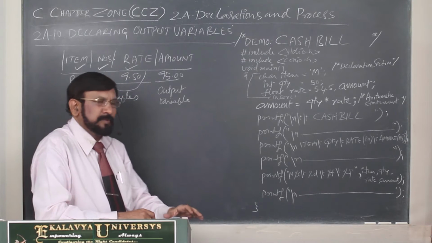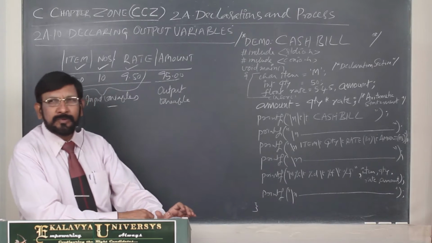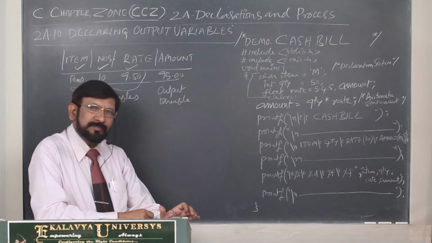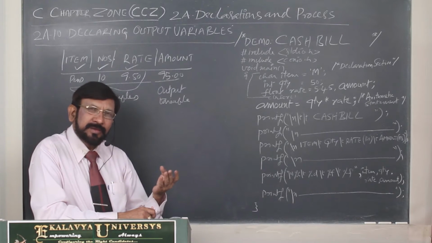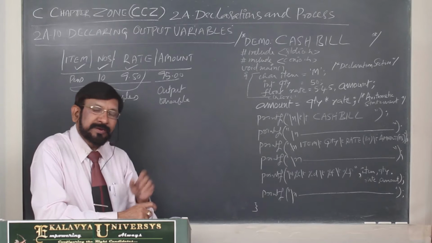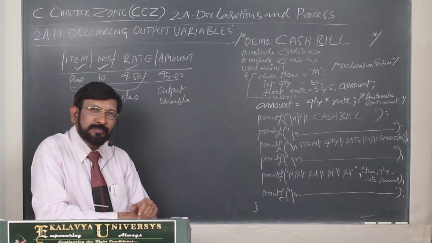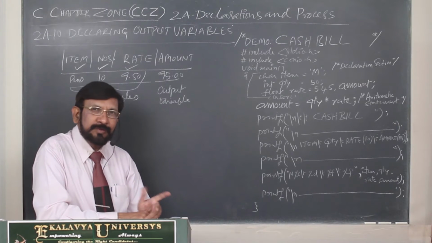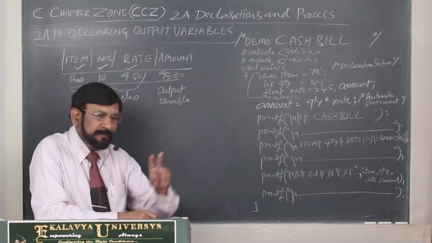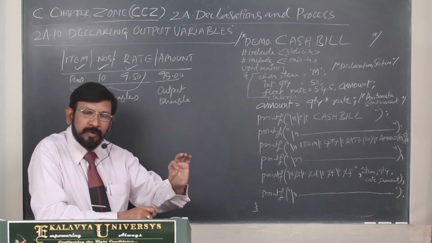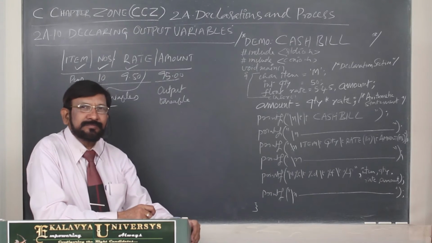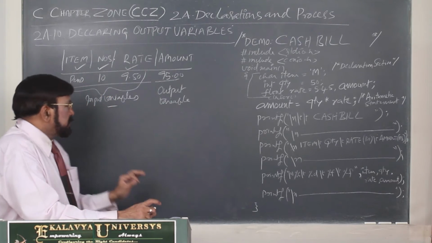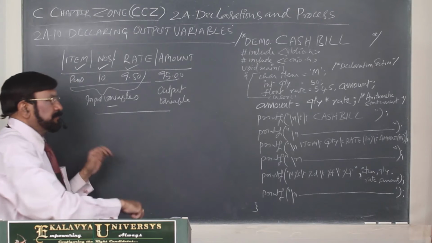Now the output variable. If we have to declare any variable, what information do you require? You require its type. What is the appropriate type for that? Number 2, what name you have to give. These 2 things mainly you have to know regarding an output variable, then only you can declare it. Now for that purpose, one principle is there.